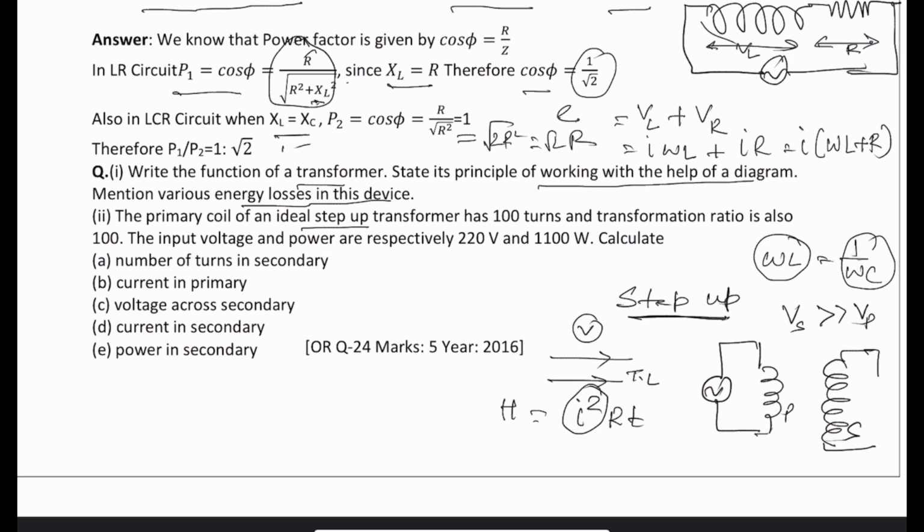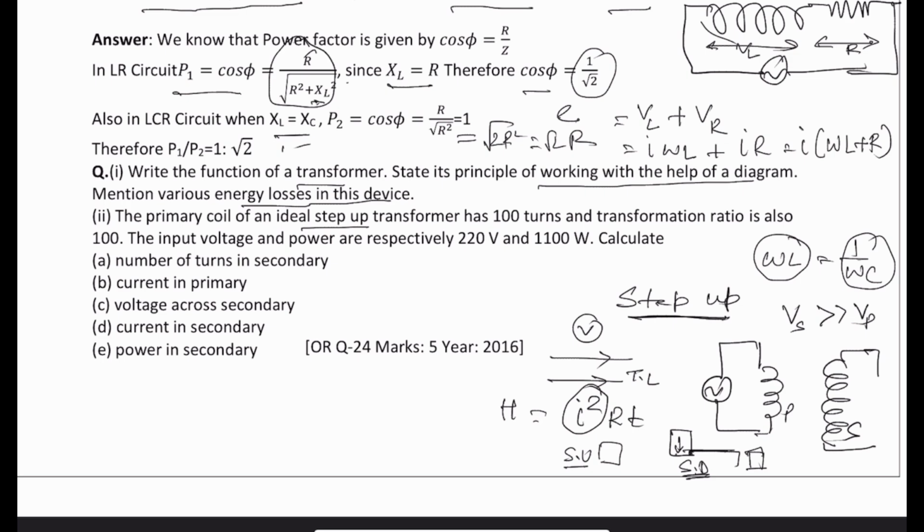Near my household, we use a step-down transformer. There we increase the current so that high current flows from your nearby power station to your home, correct? So at the electric power station we use a step-up transformer, and near your household, where your house is, we use a step-down transformer.